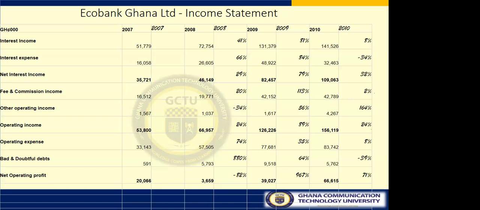So the difference between the interest income from 2008, you subtract the 2007 from the 2008. The difference you divide by the income you got in 2007, multiply by 100%. I think that's what got us the 41%.